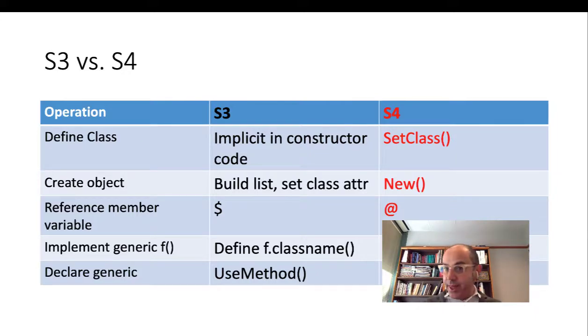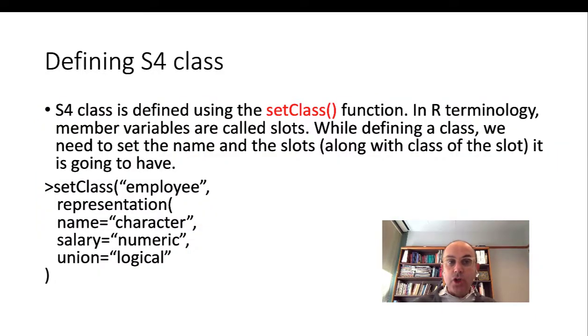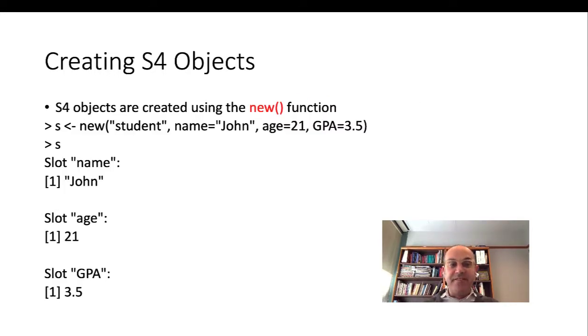So those are the things that are really important. So, defining the S4 class. In this case, I'm going to set a setClass employee, and in that class of employee, I'm going to have a name, I'm going to have a salary, and I'm going to have a union in order for me to define it.